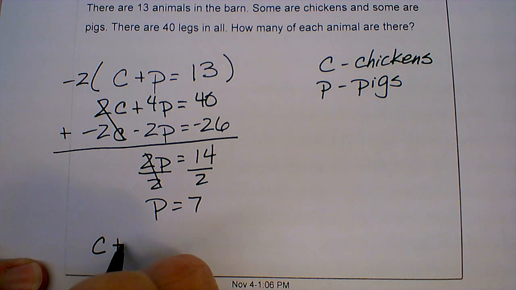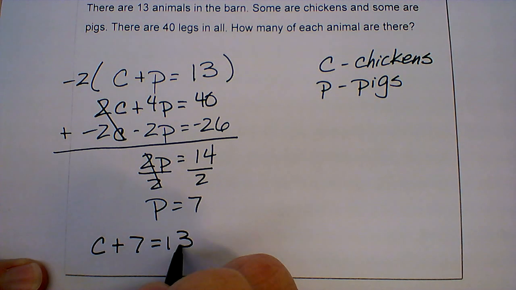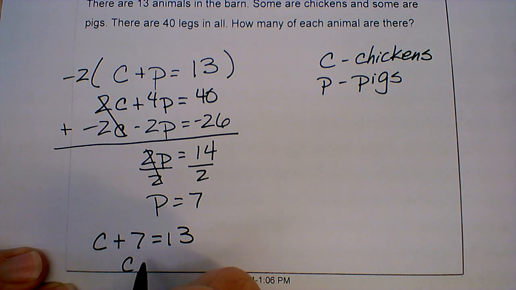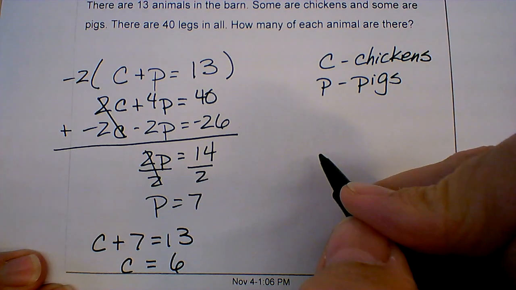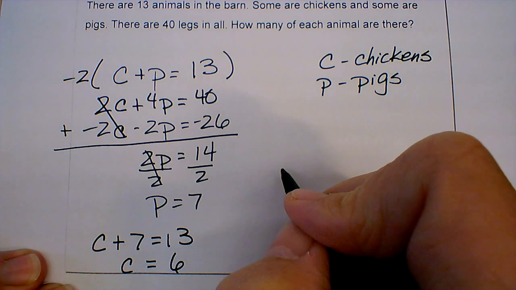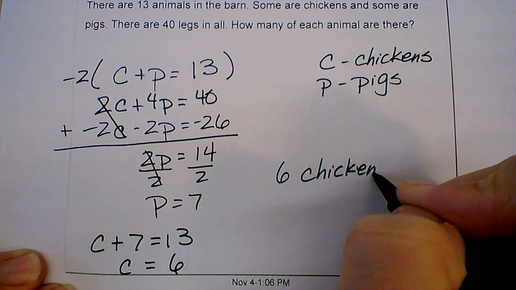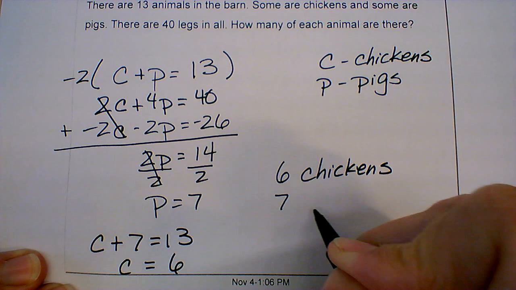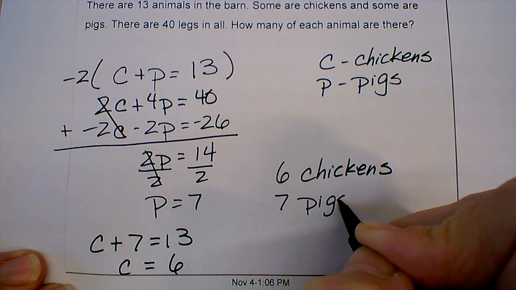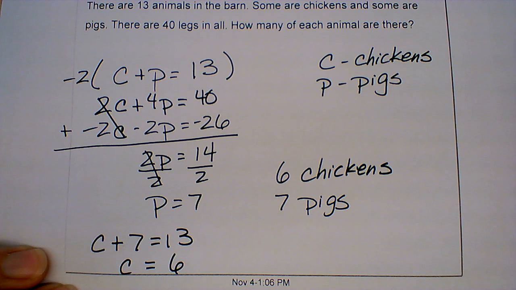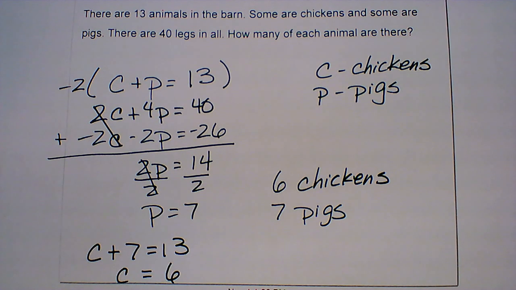So c plus 7 pigs equals 13. Subtract 7 from both sides. c equals 6. So instead of writing an ordered pair, I would come over here and say 6 chickens and 7 pigs. And that's what you would do tonight for your answer. You would just type in 6 chickens, 7 pigs.